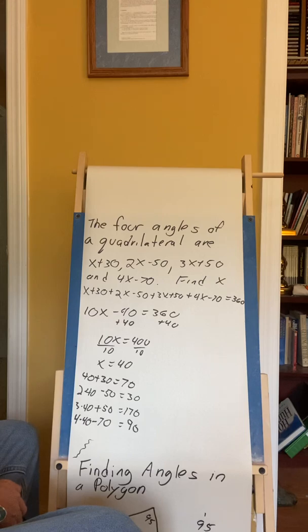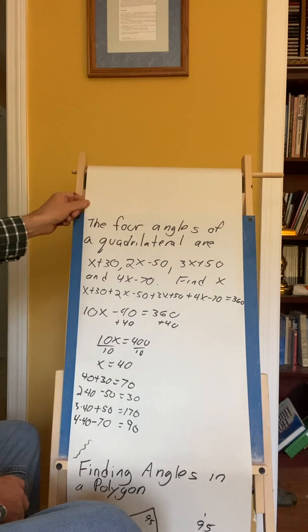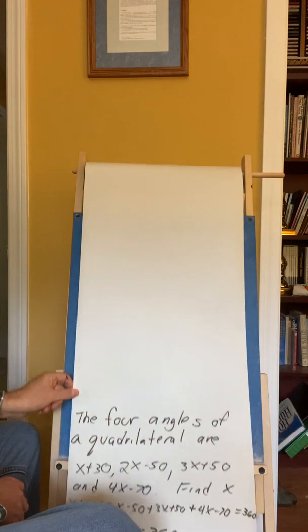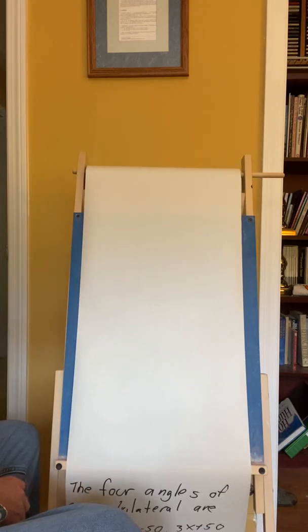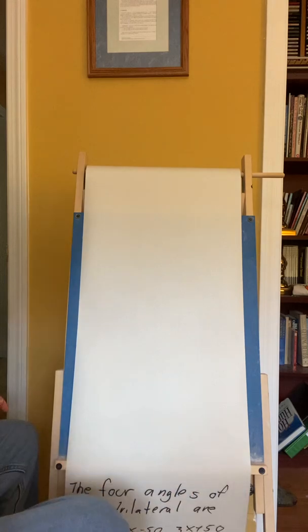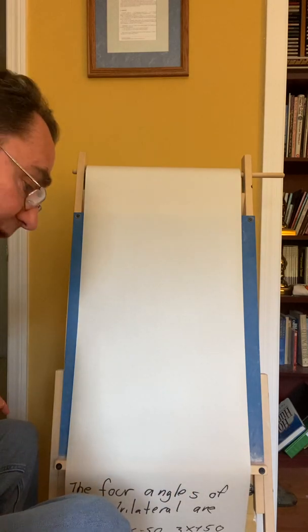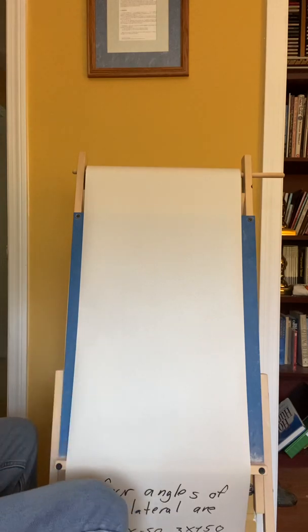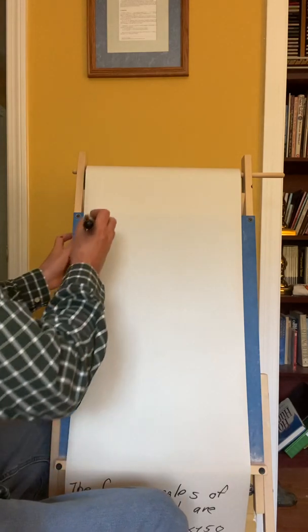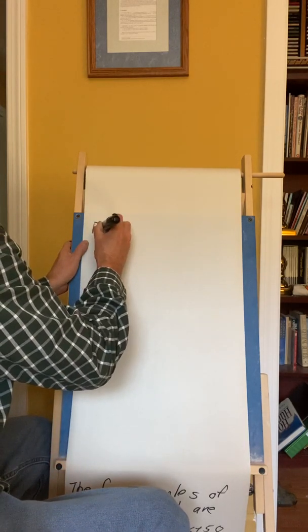Okay, let's do one more example. Now you remember with the isosceles triangle, we did problems where you only had to know one angle because the other two were equal. Well, you can do problems very similar to that with other shapes where you have two angles equal. Okay, let's take a look at a pentagon.